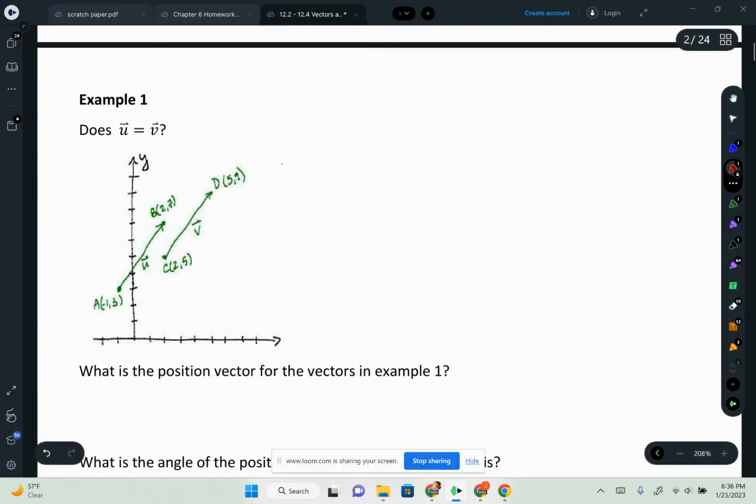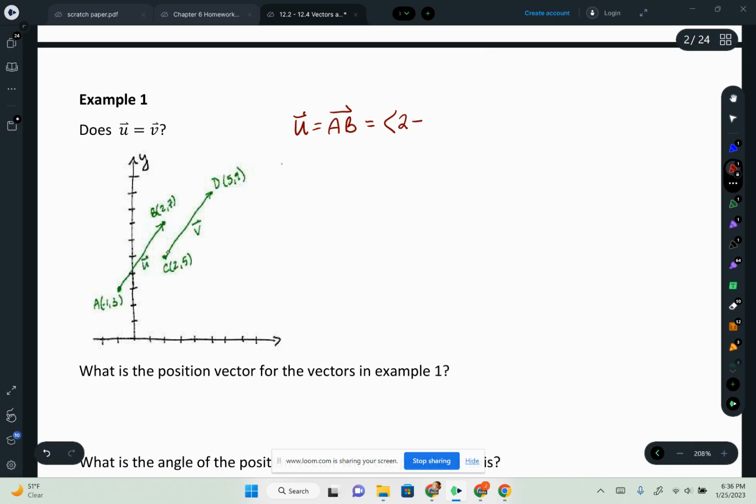We have this example, pardon the hand-drawn graph. In this example, we're asked, does u equal v? Does the vector u equal the vector v? So if I try to define for myself what u is, it looks like it's made up of a directed line segment with points A and B. So I'm going to go ahead and make AB into a position vector by taking the rightmost x value, which in this case comes from the point B, and that is 2.